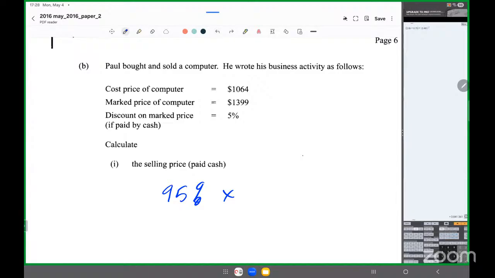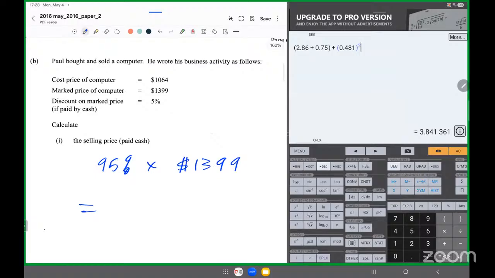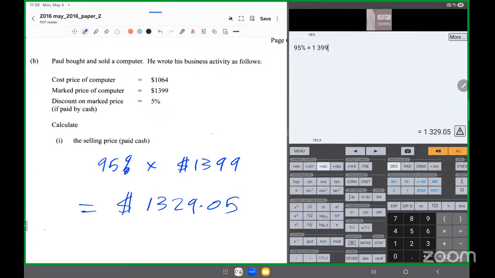So 95% of 1399. That's what we're working with. And so we're going to pay 1329.05 if you pay for it cash.